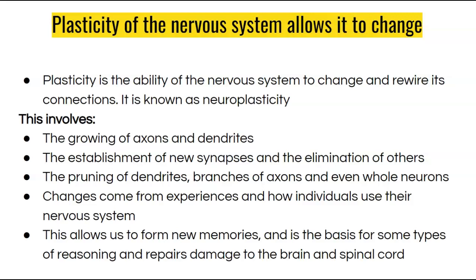This is how we form new memories. This is for some types of reasoning. This is for people who suffer damage to the brain, like a stroke. Your brain can just rewire itself: okay, there's a part of my brain that has damage to it. It's not working the way that it has worked previously.